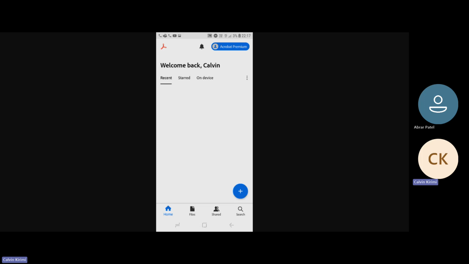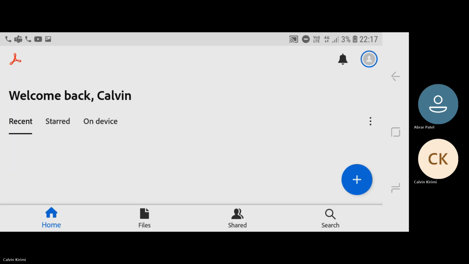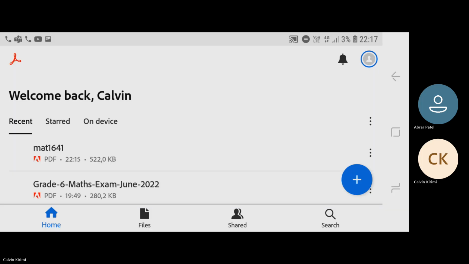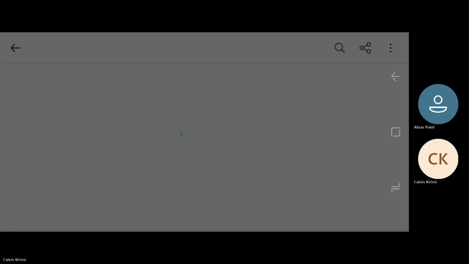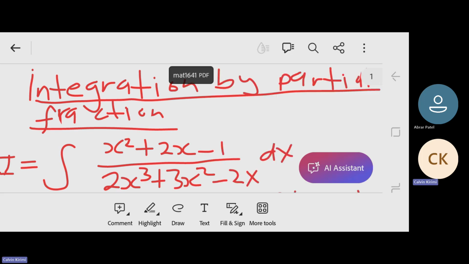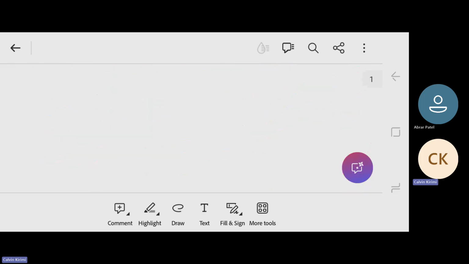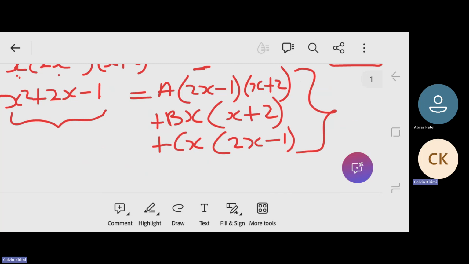We want to solve for the constants that we have found here.